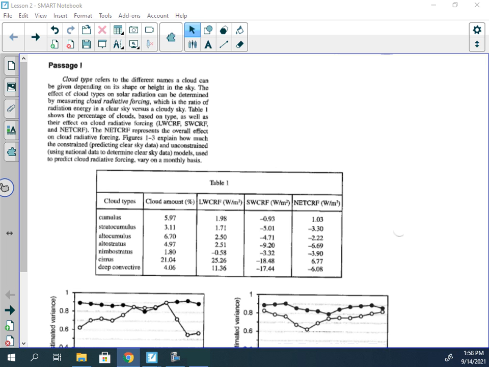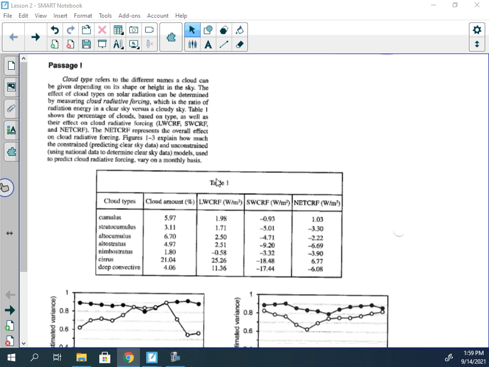Now, we're going to go on and look at, well, let's do something a little bit different today. I want y'all to look at passage 1, 2, and 3. We will do one of them together, and I will assign one of them for homework, and the third one will be for points. Well, the homework and the other one would be for points. Which one do y'all want to do together?